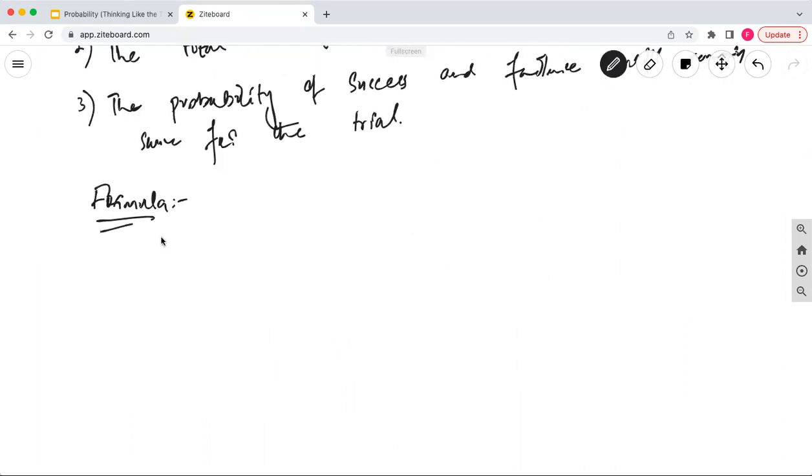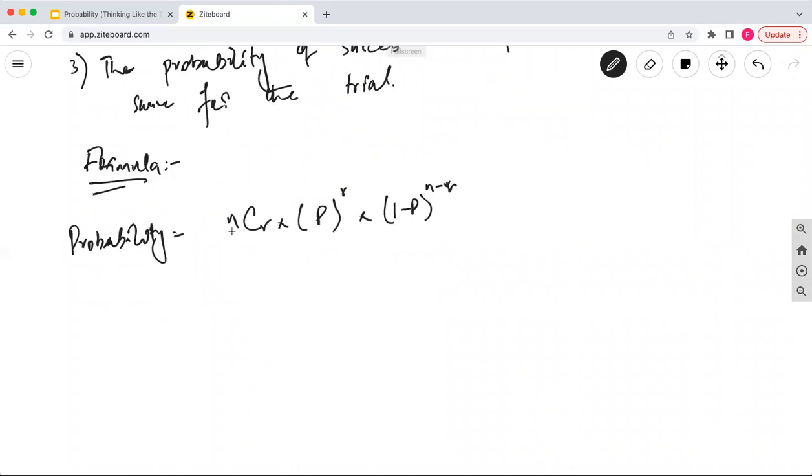We were discussing the formula, and the formula for the overall probability which we need to find will be equal to NCR into the probability of success power R into the probability of failure, 1 minus P, power N minus R. So what is this? N is the total number of trials. R is the number of successes.